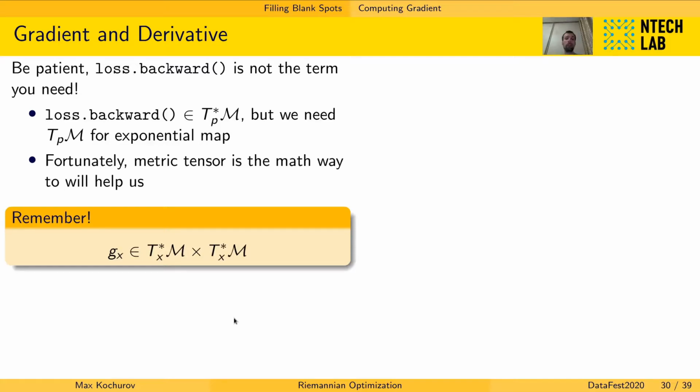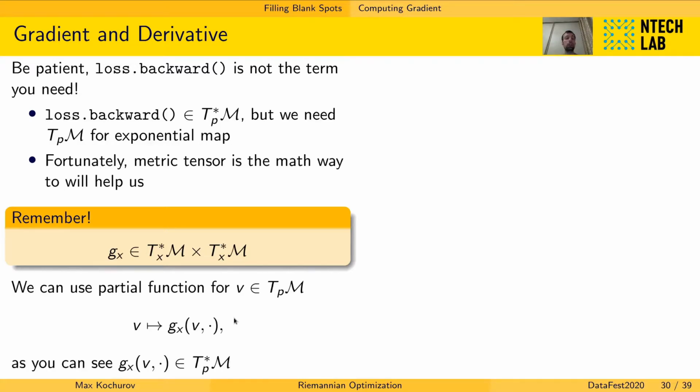As you remember, metric tensor is a tensor field. It eats two tangent vectors and outputs a scalar as a linear map. We can use partial function for tangent vectors, and feed one tangent vector to the metric tensor and leave one spot unfilled.